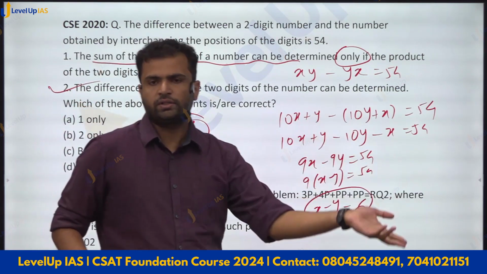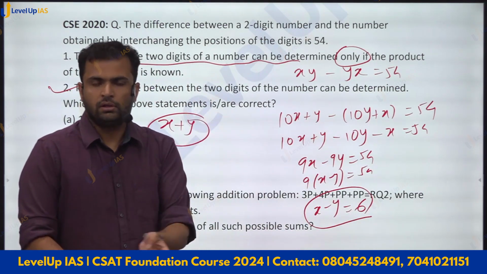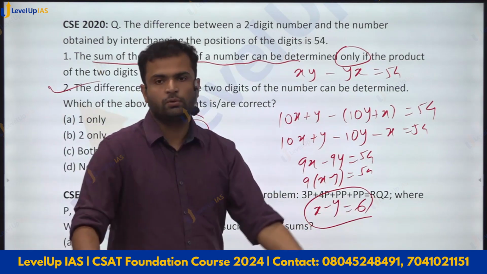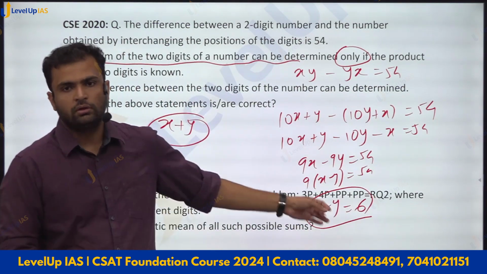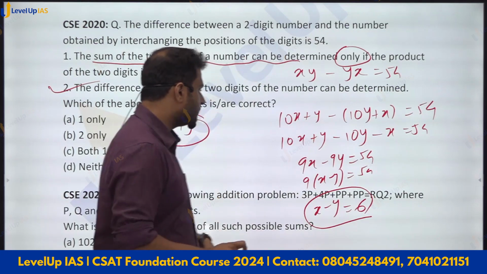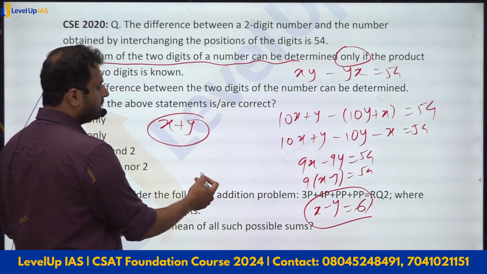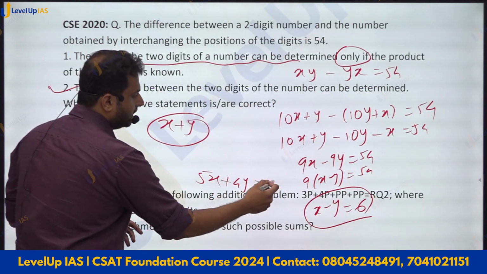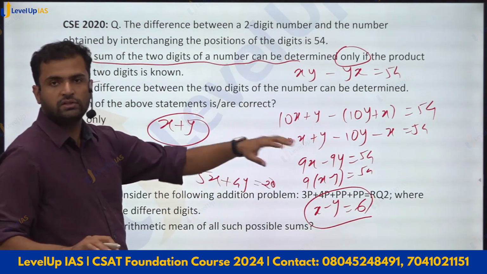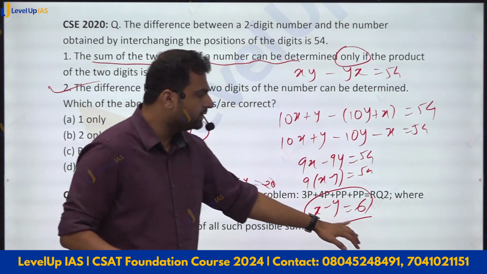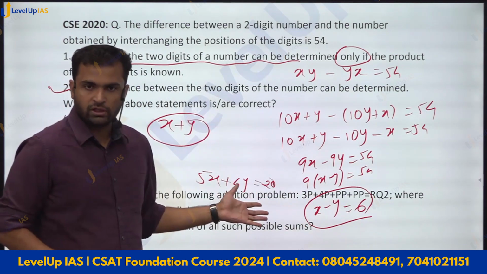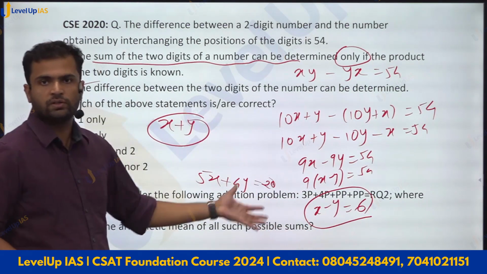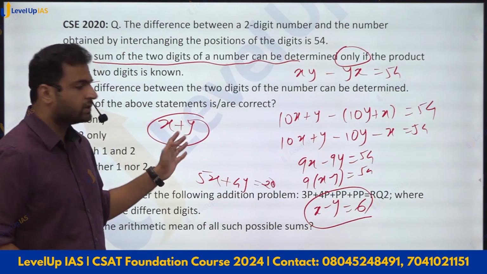Now that equation could be anything. Any equation that is different from this equation would do. You give me any equation. I'm hypothetically creating an equation. If I have 5x plus 4y is equal to some 20, I'm not saying this is the equation, but if I have this, then with this I can get x and y both, because we have 2 equations and 2 unknowns, and I can solve for this.